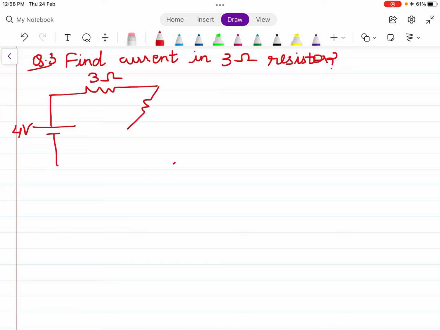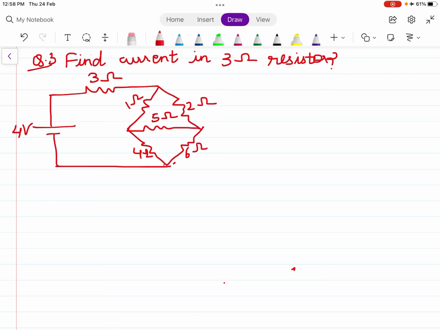Then this is 1 ohm. This is 2 ohms. This is 5 ohms. This is 4 ohms. This is 6 ohms. And this is like this.